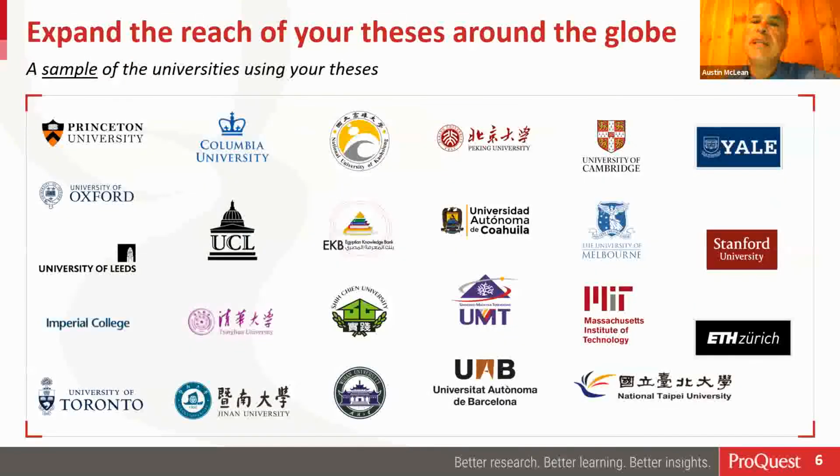And your theses will be discoverable within the database at libraries like these all around the world. You'll see that we have users in North America, in Asia, in Europe, Australia, New Zealand. Institutions around the world will quickly have easy access to your theses by discovering it through ProQuest.